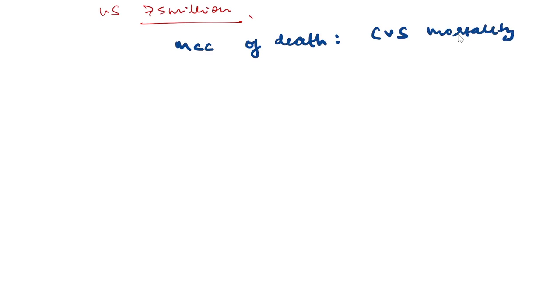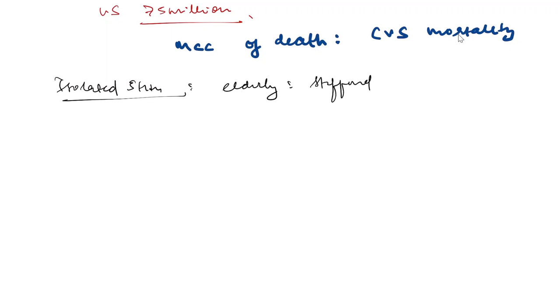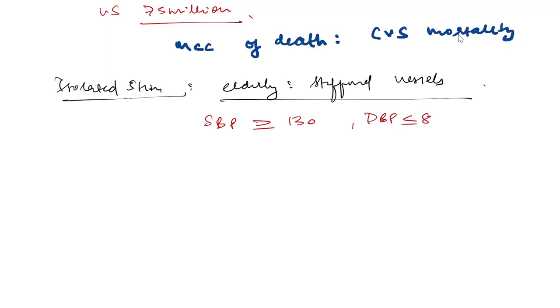Now, what is the definition of isolated systolic hypertension and what is the definition of isolated diastolic hypertension? Isolated systolic hypertension is more common in the elderly because of the stiffened vessels. The criteria is SBP more than 130 while diastolic BP is less than 80.